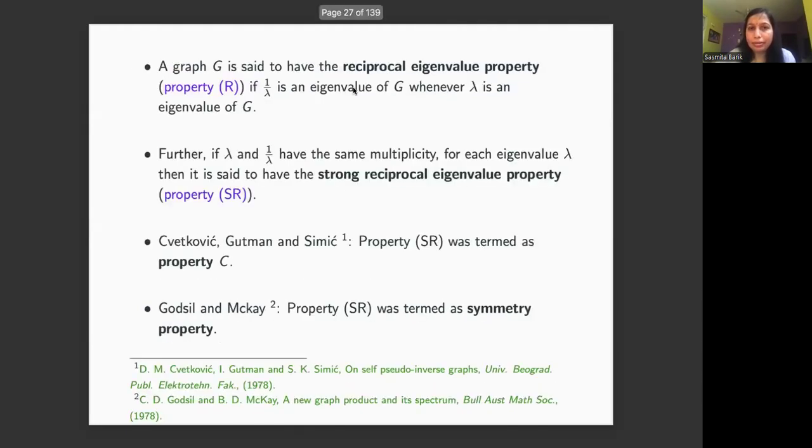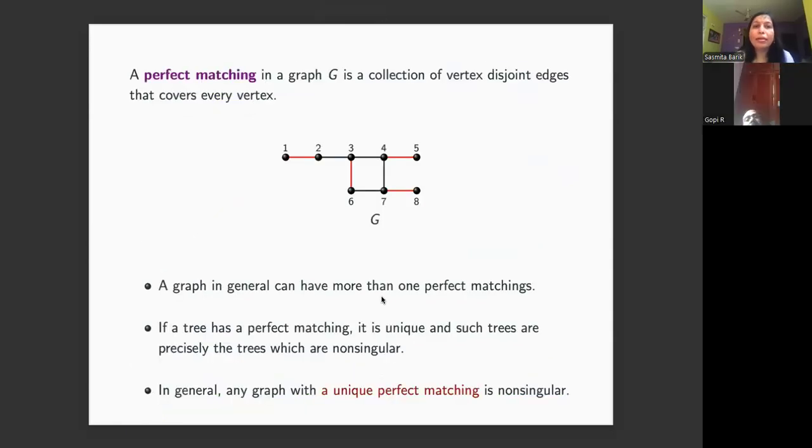So after defining these, our main problem was to characterize all graphs with property R and all graphs with property SR. Before going to the characterization or the work done, I need two definitions, which are important here. One is perfect matching.